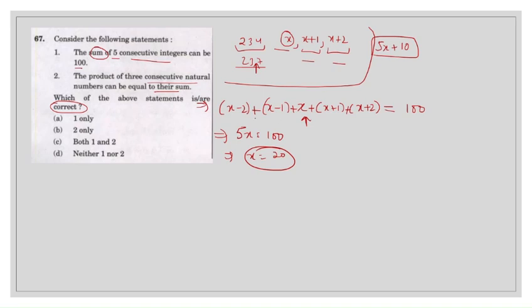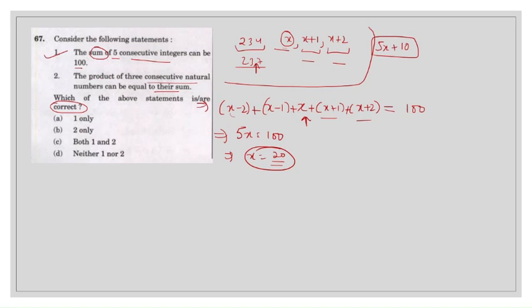So that just varies, and here the x that we receive is this third number, but elsewhere x is the first number, the smallest number, so it depends from equation to equation. तो अब focusing on the question, first statement कहता है sum of 5 consecutive integers can be equal to 100. Now obviously 100 हो सकता है because we are receiving an integer that is 20. उससे पहले वाला 19, then this number becomes 18, this is 21, this is 22. So it is pretty obvious कि जो first statement है this is correct.